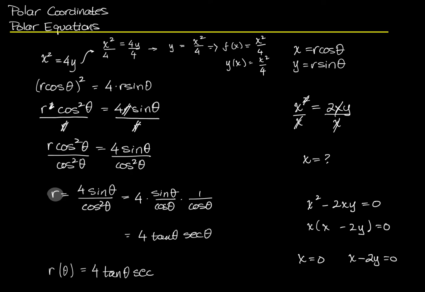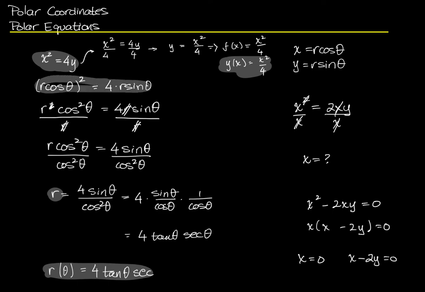So this equation is a rewrite of this algebraic equation in the same way that this equation is a rewrite of this equation, so that the variable r is by itself on the left-hand side, in the same way as we wanted y to be by itself on the left-hand side of this algebraic expression.